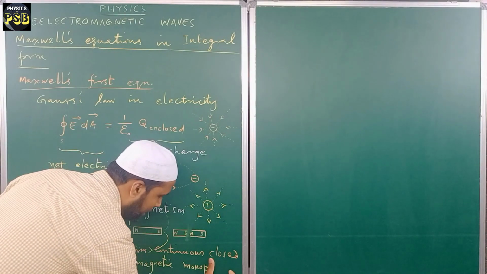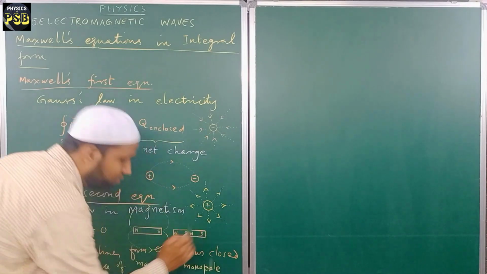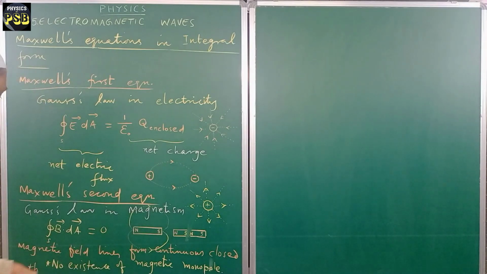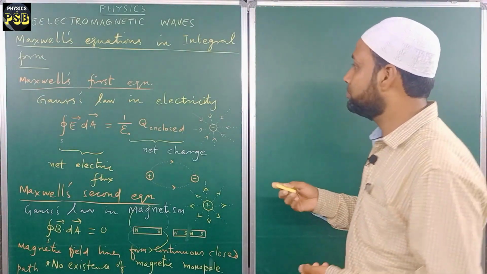Mono means single, and this end of the magnet is referred to as a pole. So a magnetic monopole is not possible. This is what Maxwell's second equation tells us. Okay, so I'll go on to Maxwell's third equation.